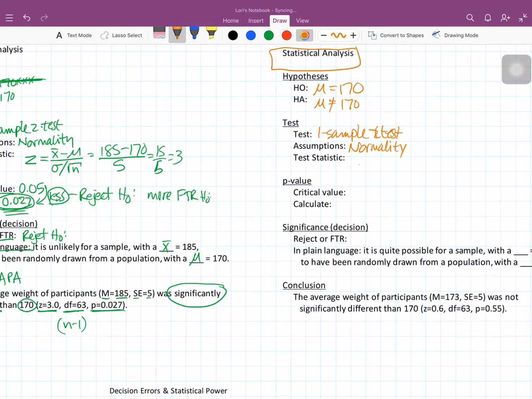And this is where we have our z-statistic. Again, it's x bar minus mu divided by sigma over square root of n. Instead of having 185 minus 170, now we have 173 minus 170 divided by 5. In other words, we have 3 over 5, which is equal to 0.6.